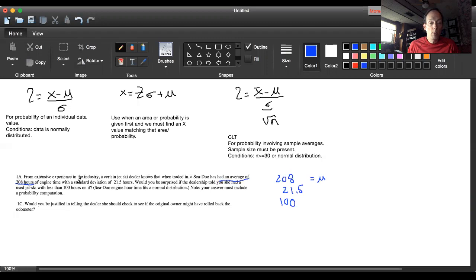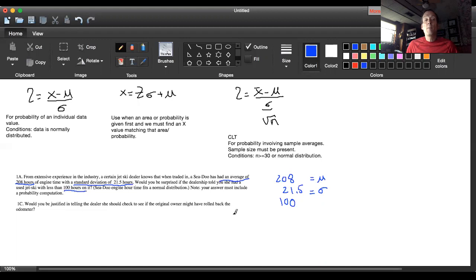Now, 21.5 is mentioned as a standard deviation, so that tells me 21.5 is my population standard deviation, sigma. And they mentioned that the dealership told you a used jet ski had less than 100 hours on it.